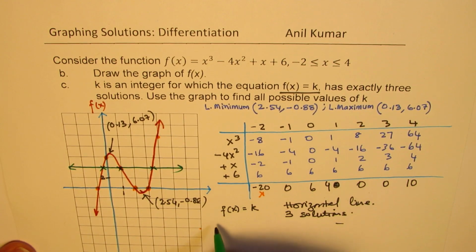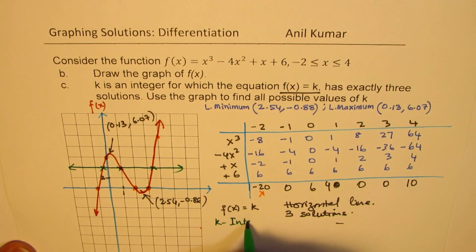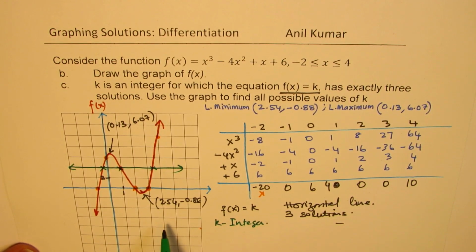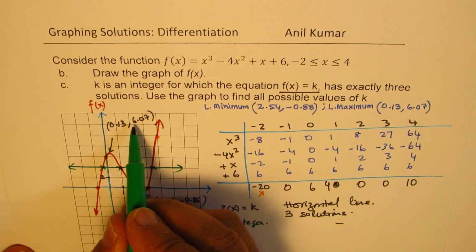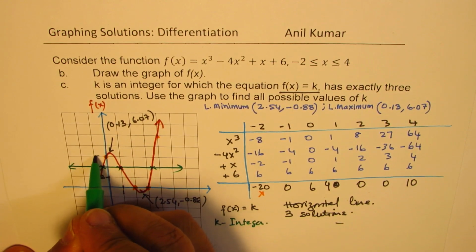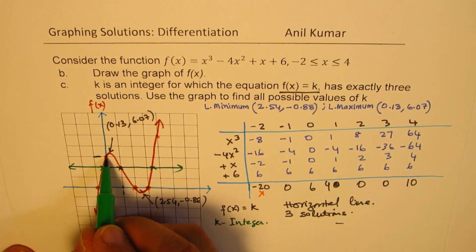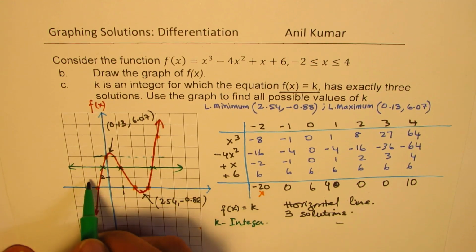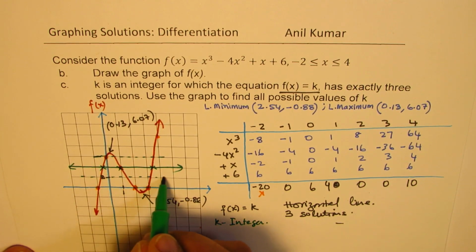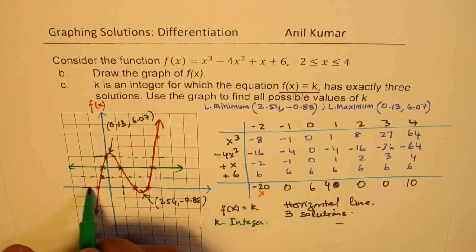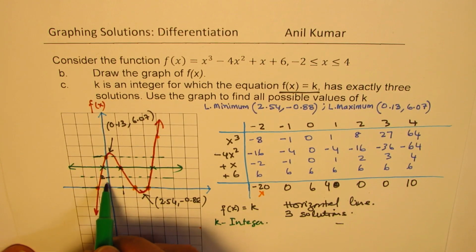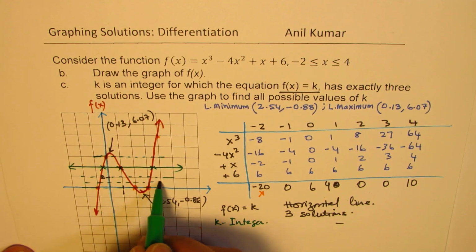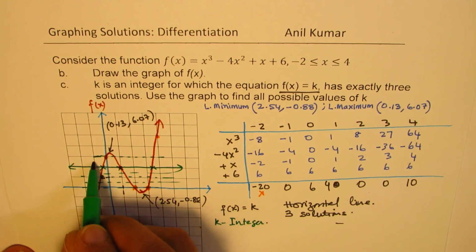So k is an integer. Since this value is 6, the value 6 will work, right? So 1 will give us 3 solutions. All these integer values. Do you see that? And also 1, 2, 3, 4, right? So those are the values.